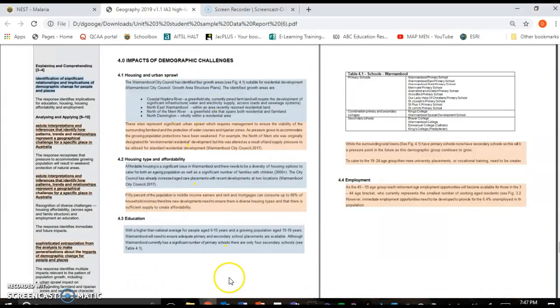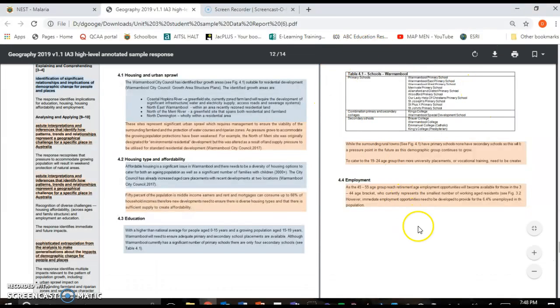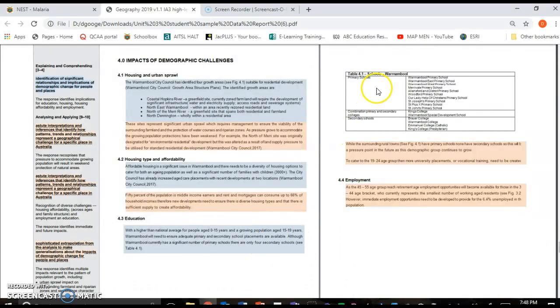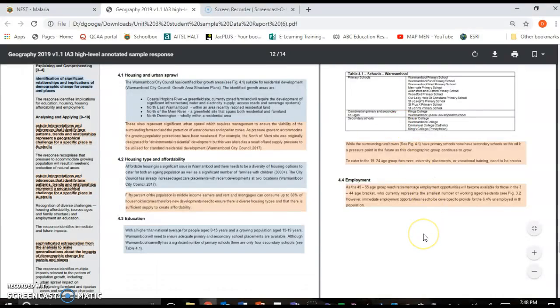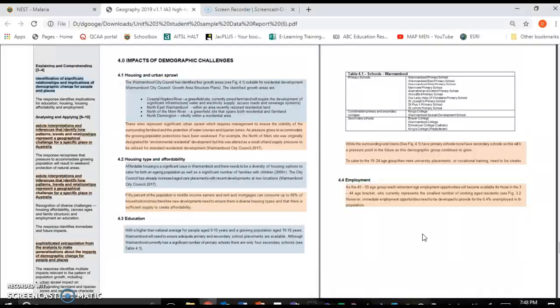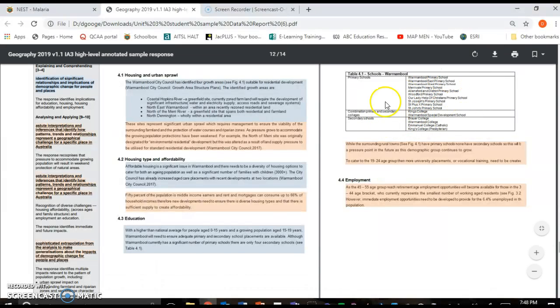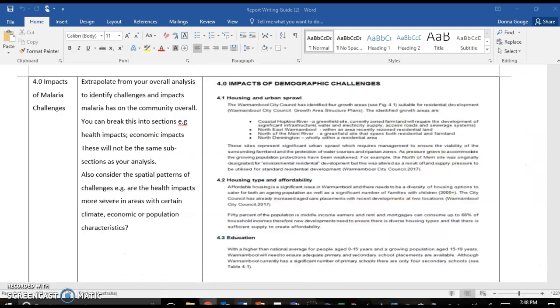And you'll notice this is substantially smaller and shorter than the data analysis. There's one little table here that they've created themselves because they're just linking it to, oh, they'll need more schools because they've only got this many to start with. They didn't need that in their analysis. They're just using it to prove a point for later on. Again, depends on what you find, whether you're actually going to need that.